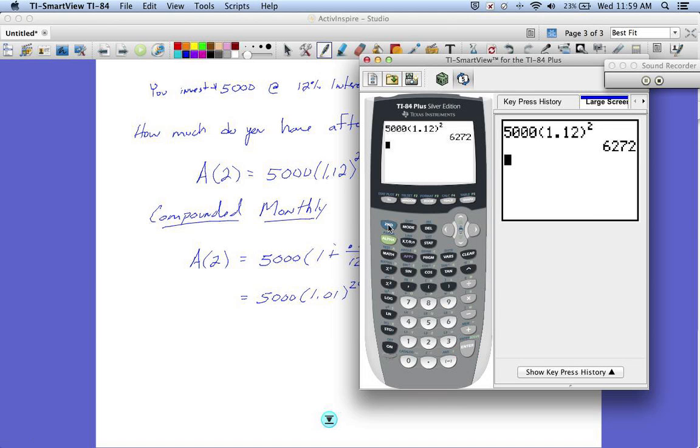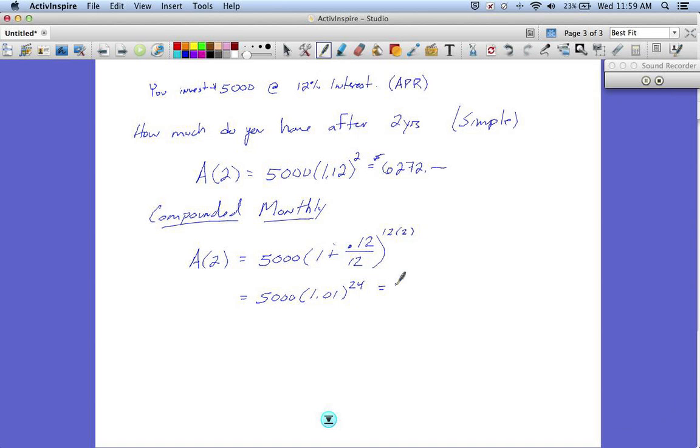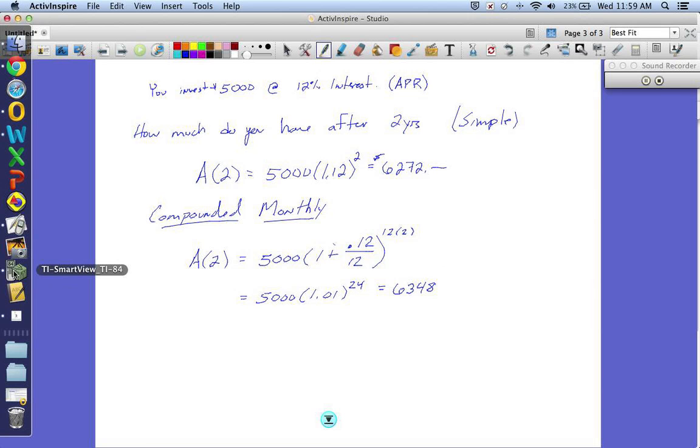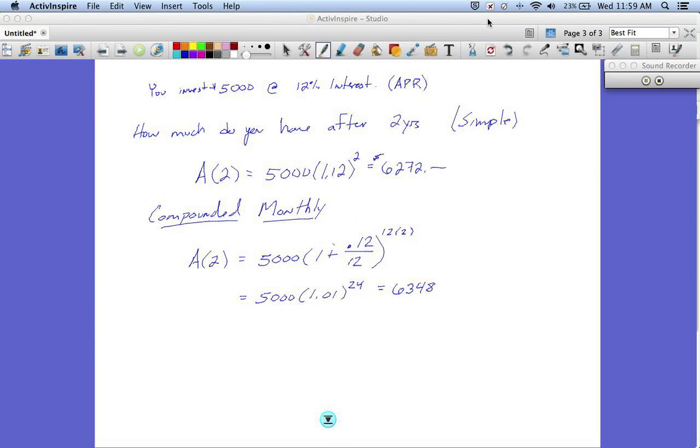So basically the same equation, but instead of 1.12, I have 1.01, and that is raised to the 24th power, and we get $6,348.67.